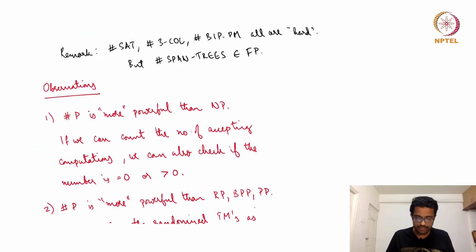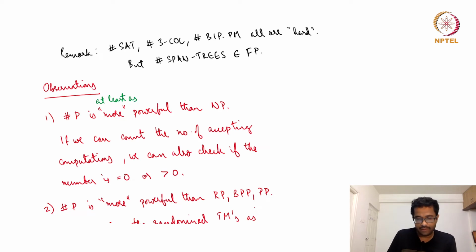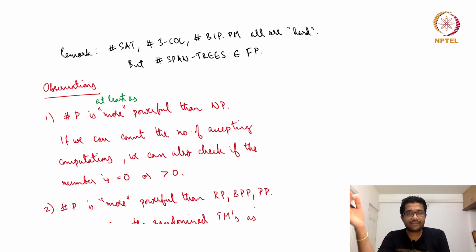Some observations: #P seems to be more powerful than NP, or at least as powerful as NP. Well, why? In NP, let's say satisfiability, the goal is to determine whether this formula has a satisfying assignment.